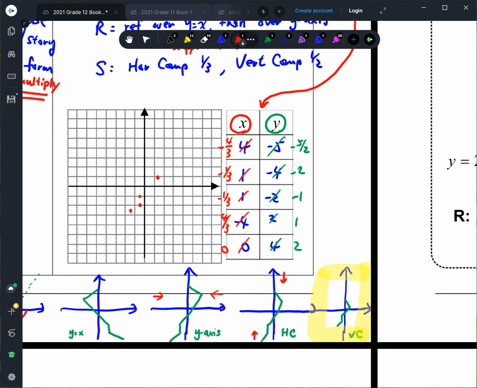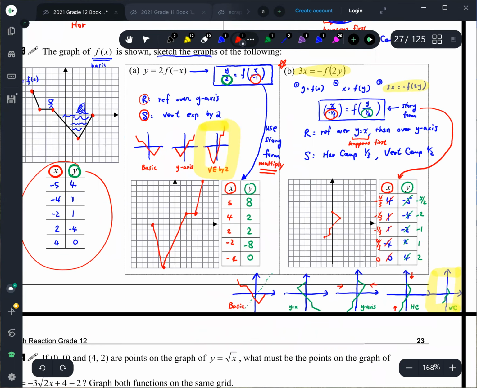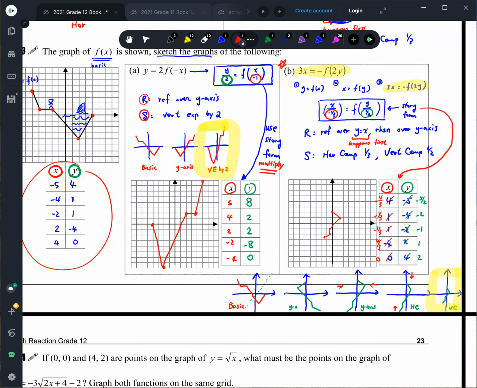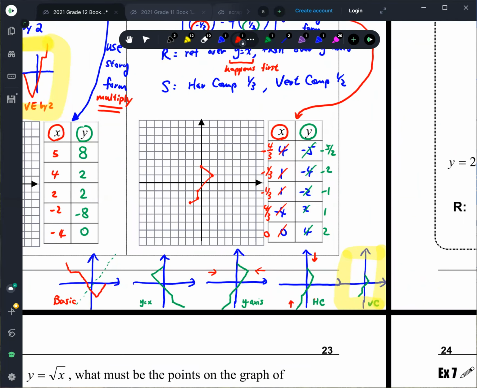Does it match the shape? 0, 2 will be here. And you just connect them in order. Right, so it matches our predictions. Compared with the basic, it's the same shape. It got compressed by half and then compressed by 1/3, so much smaller. Okay, please raise your hand when you finish.